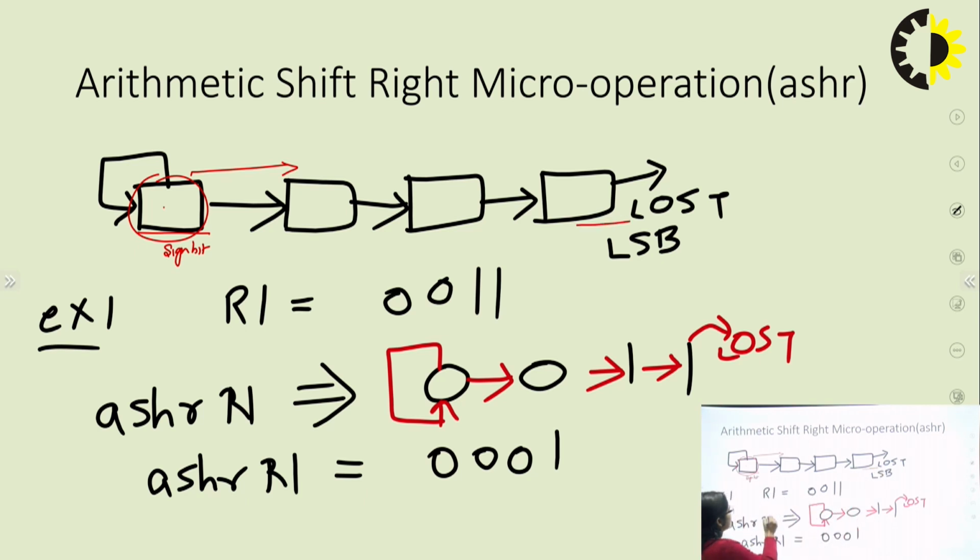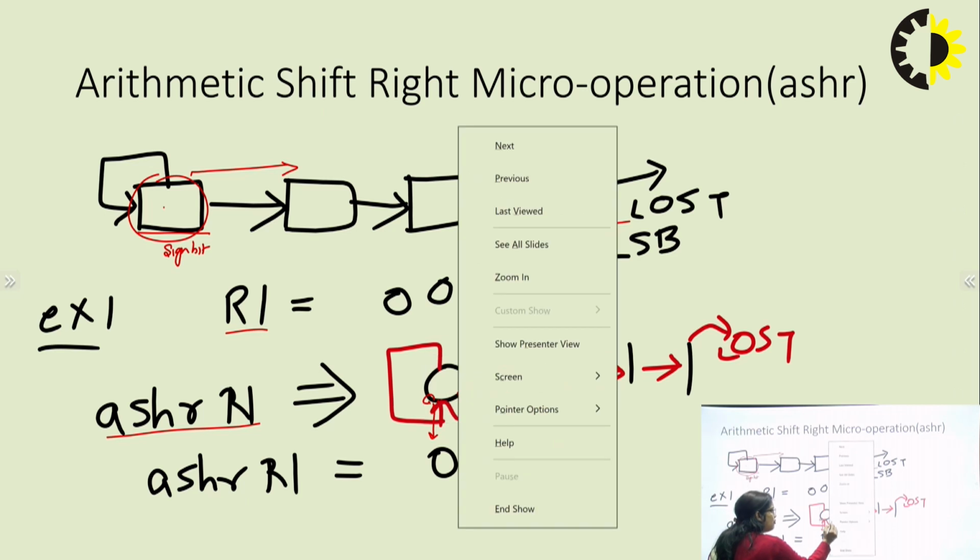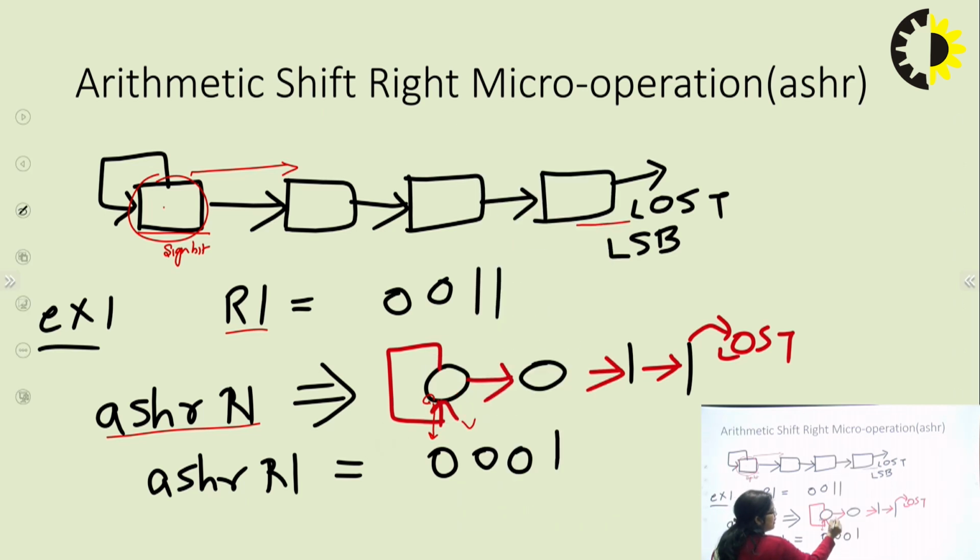If the example taken is R1 equal to 0011, what is arithmetic shift right R1? In the arithmetic shift right operation, the first bit, including this operation, that is the first 0, stays, and this 0 will be there. Next, this 0 is there and this 1 is there, and the 1 will be lost.